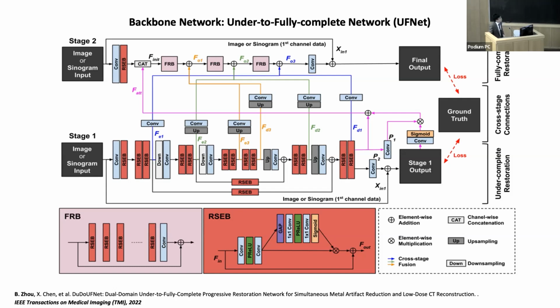It's a multi-stage network with an under-complete network and a fully-complete network. The under-complete network has downsampling and upsampling, which is more suitable for general structure recovery, which is really important here because we need to inpaint the metal region. Then we use the encoder and decoder features to guide the fully-complete network for fine detail restoration. There is more detail in the paper, so you're welcome to check.